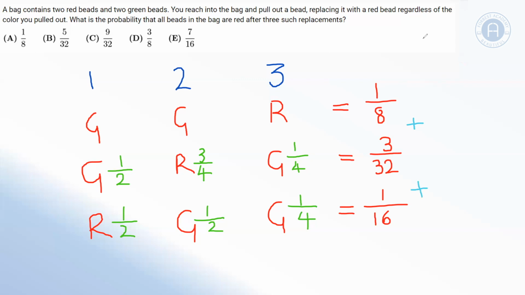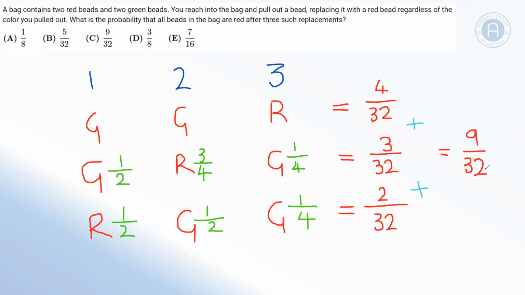So 1 over 8 is going to become 4 over 32, and 1 over 16 is going to become 2 over 32. So 4 over 32 plus 3 over 32 plus 2 over 32 gives me 9/32.